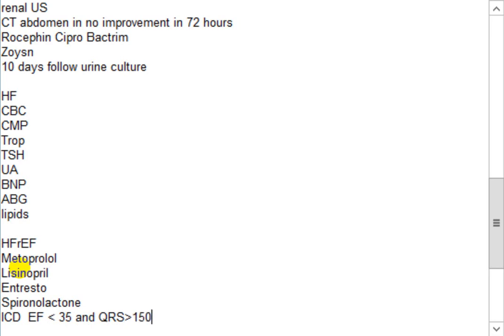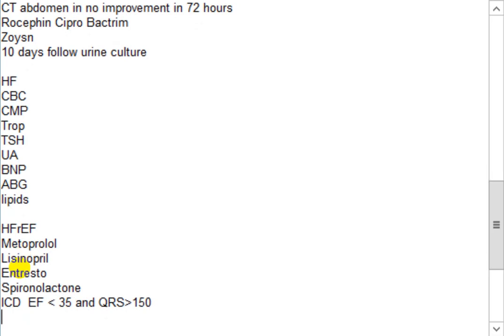So these are the things that you want to look for. These are very important. And for African Americans, they showed that hydralazine and dinitrate or isosorbide mononitrate is beneficial as well, with some mortality benefit.